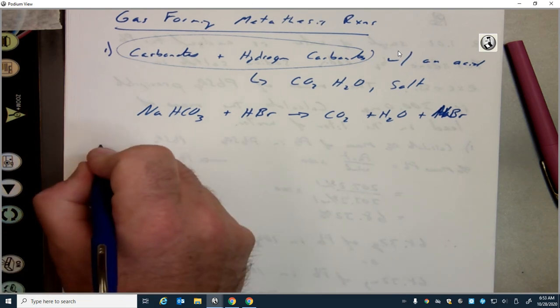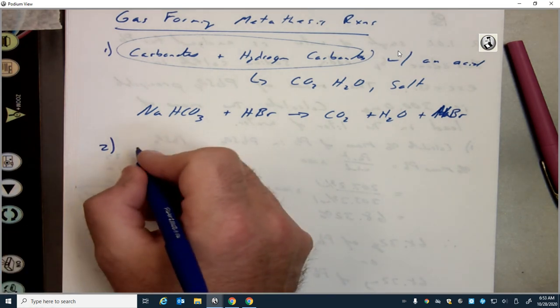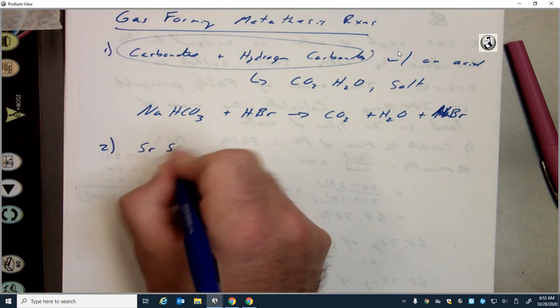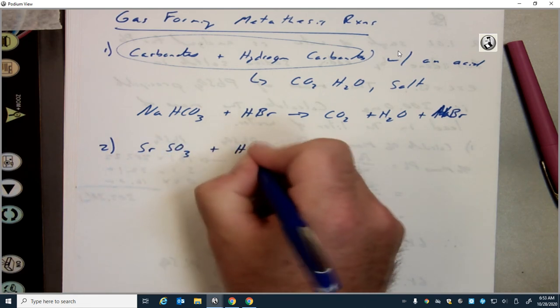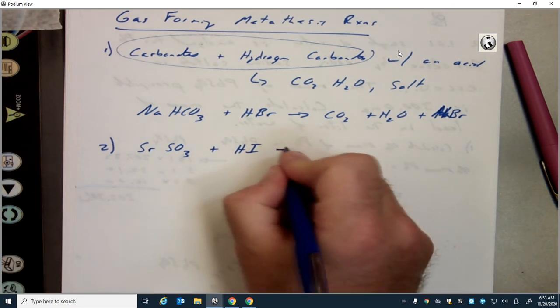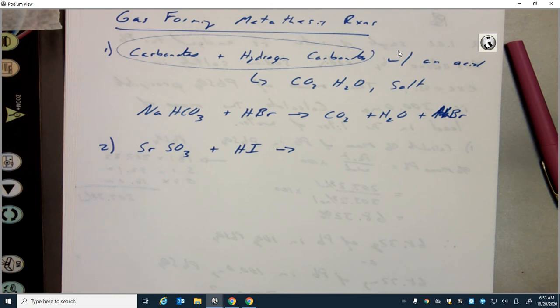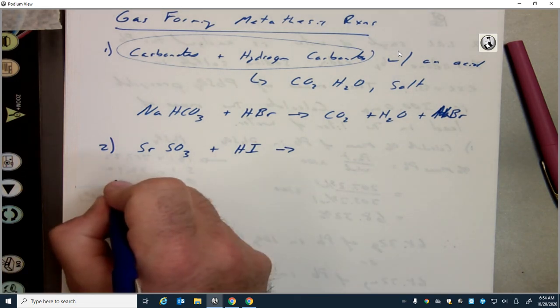So what if I have SrSO3 and I react it with an acid? Well, compare.